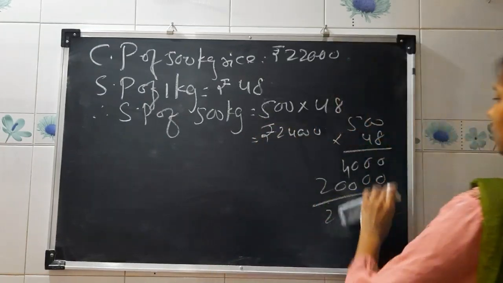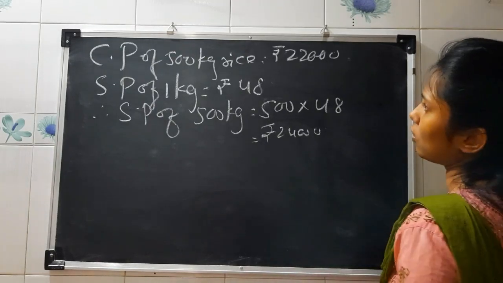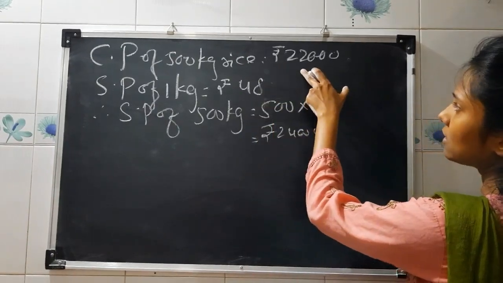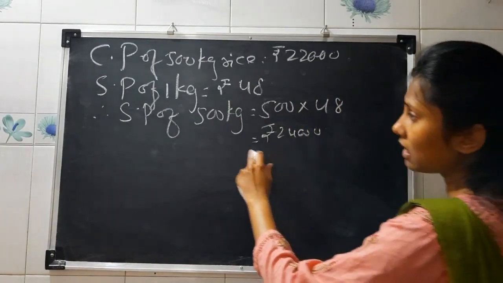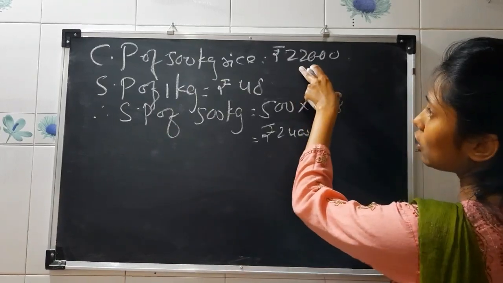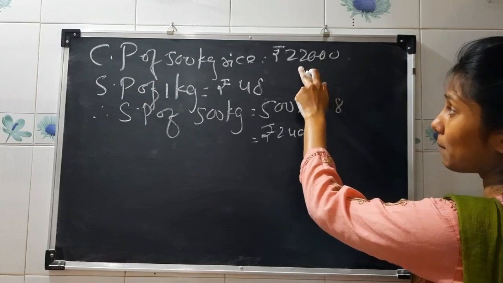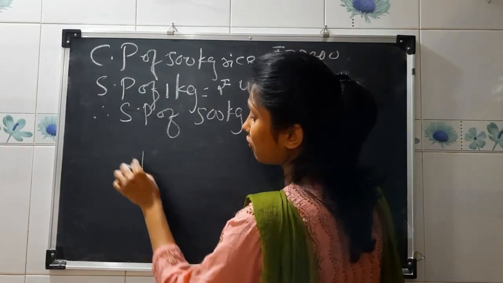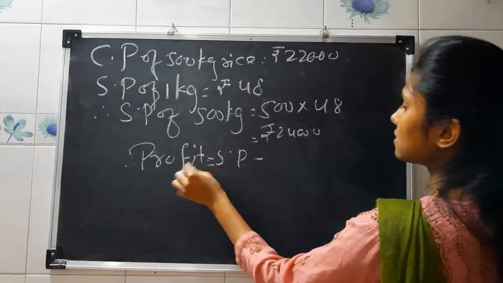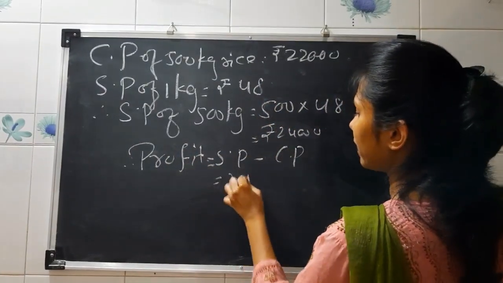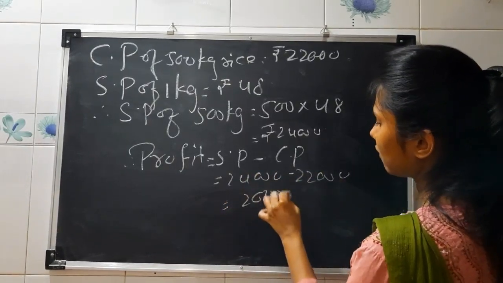Now we have to see whether it is a profit or loss. See, cost price is rupees 22,000 and selling price is 24,000. Here selling price is greater than cost price, so it is a profit. The formula of profit is selling price minus cost price, that is 24,000 minus 22,000, which is 2000 rupees.